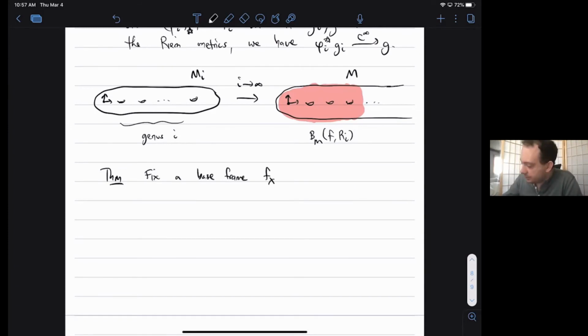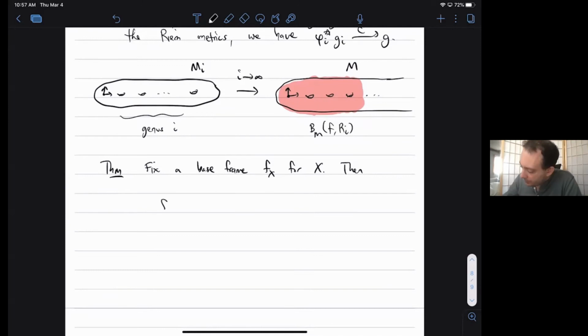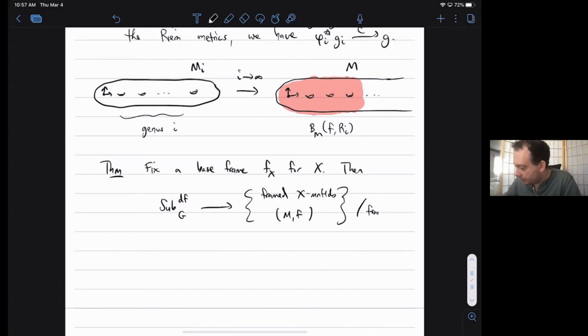Maybe I'll call it fx for X. Then I get a map from Sub_df(G) to framed X-manifolds, MF, and I can consider these framed X-manifolds up to framed isometry. Framed isometry here just means you have an isometry between one manifold and the other manifold that sends one base frame to the other base frame.